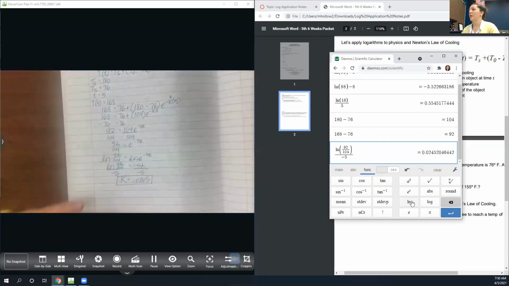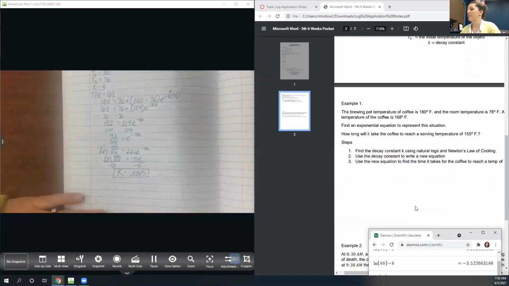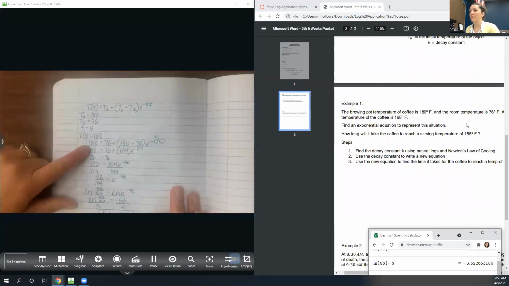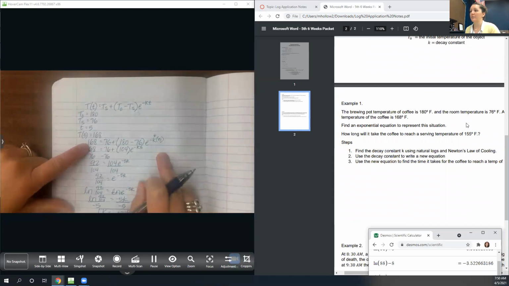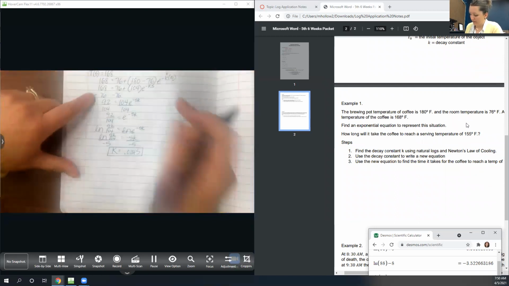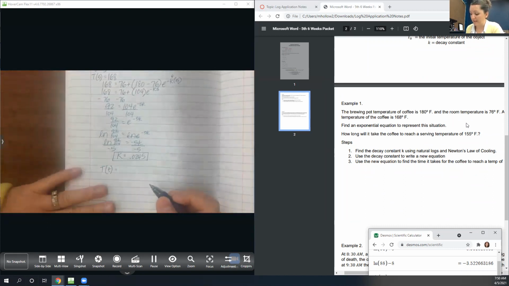All right, so I want to take this value, this 0.0245, and apply it to my initial function so it can apply to any time that I plug in here. So let's see. Instead of 168, I'm going to put T of t because I want it to be a function that I can apply to any time.